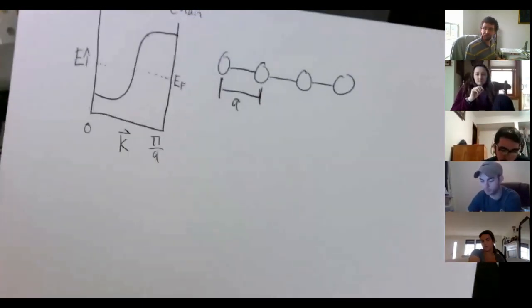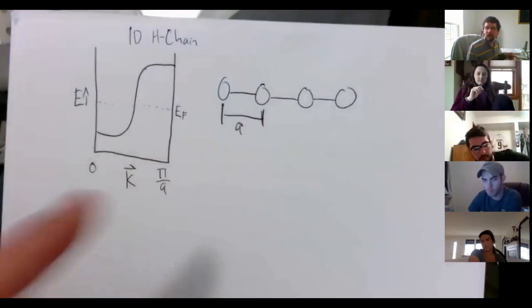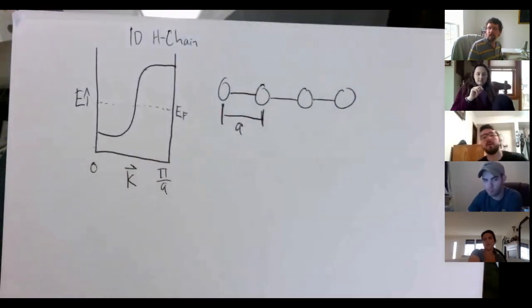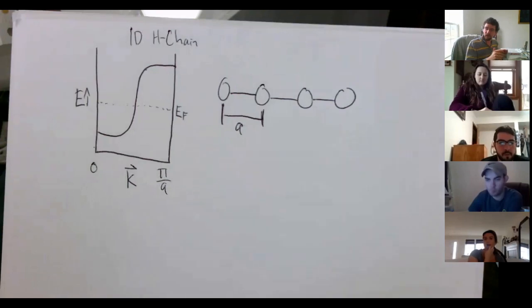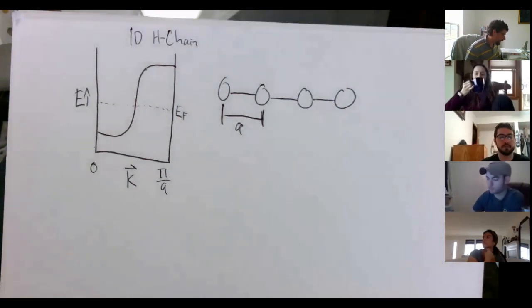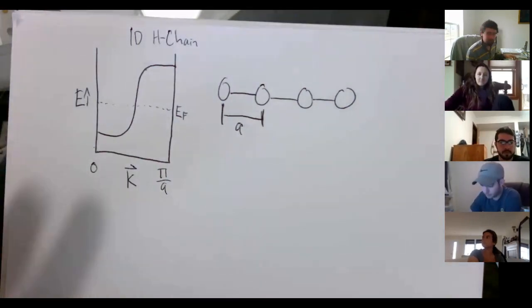Is this looking at when a is equal to 1? Yeah, when a is equal to 1, we'll say at the optimal bond length. I think what you were thinking of, Maddie, was when it was at 3, and it was essentially a straight line. Yep. But this is at the optimal bond length.